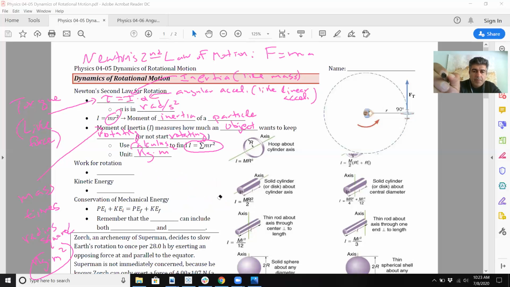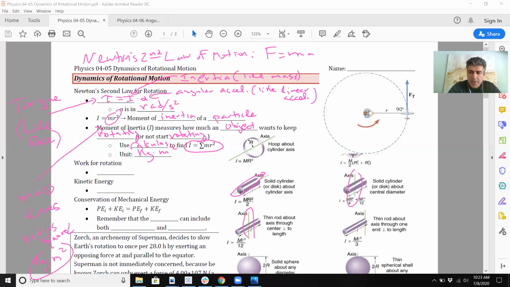So if you look at all the different inertia values, like here you have a hoop around cylinder axis, which is I equals mr squared. Here you have a solid cylinder. Here you have a thin rod that's perpendicular to the length. So this is the axis right here, which is perpendicular to the length. Here, obviously the axis is parallel to the solid.